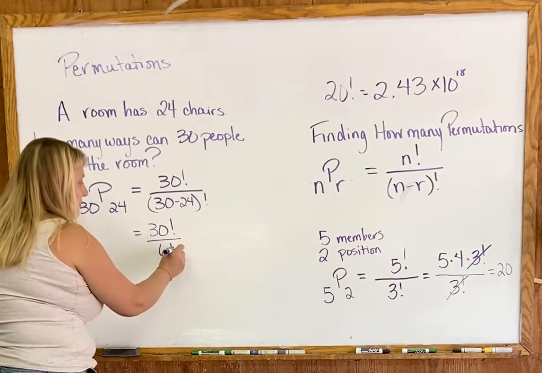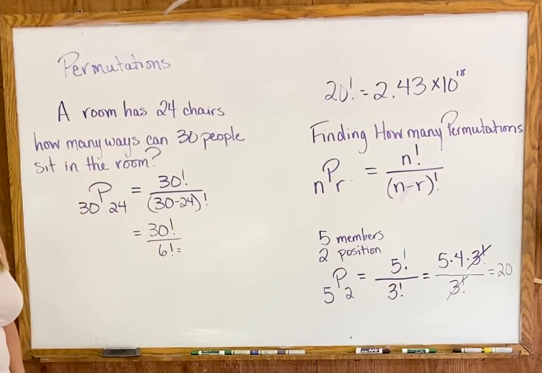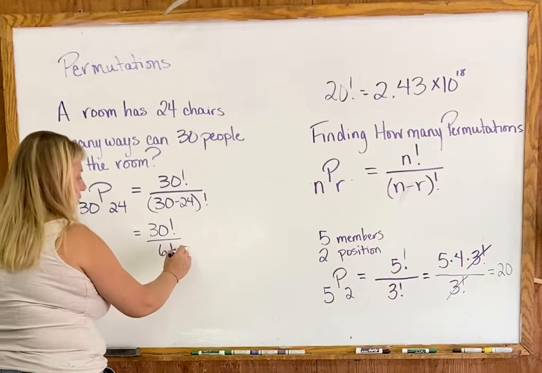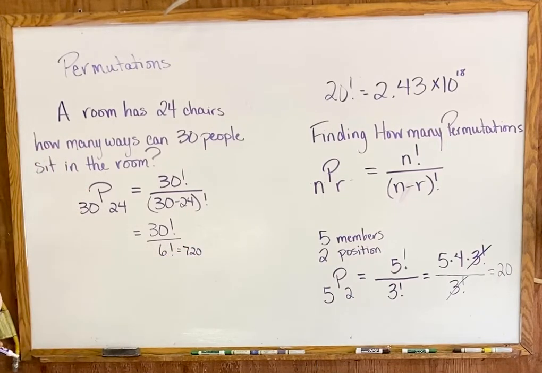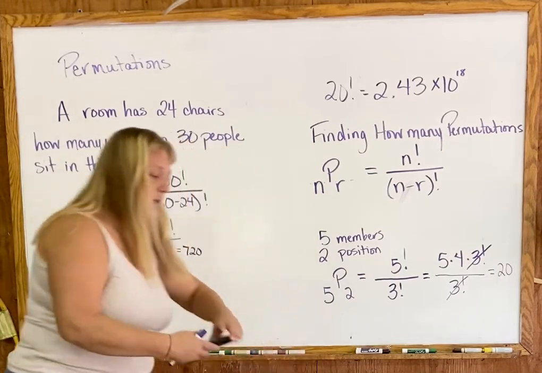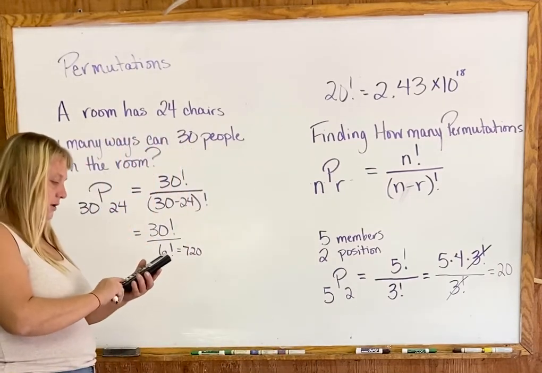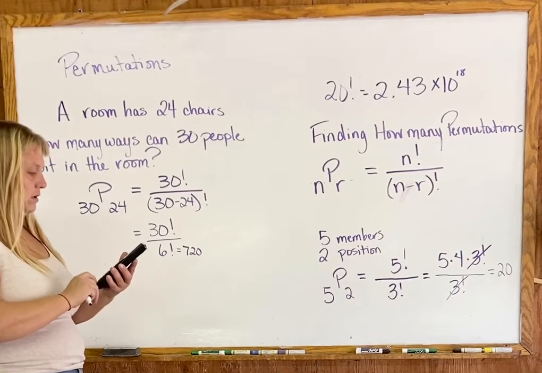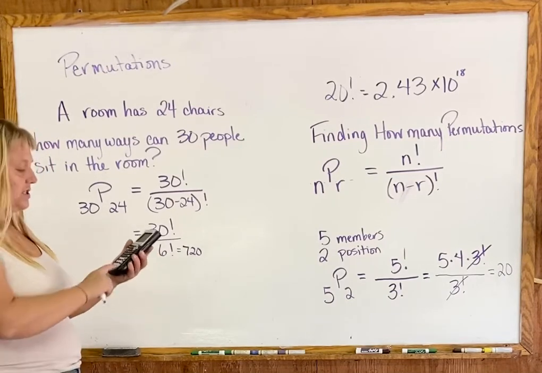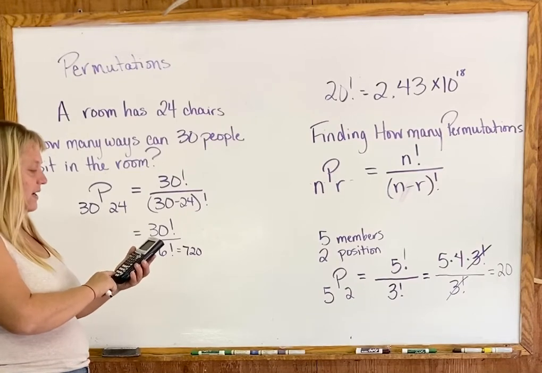So I would first find what the denominator is equal to. And 6 factorial is equal to 720. So now what I would do in my calculator is I would do 30 factorial, 30, and then go to the factorial. Don't hit enter, just immediately hit divided by 720.